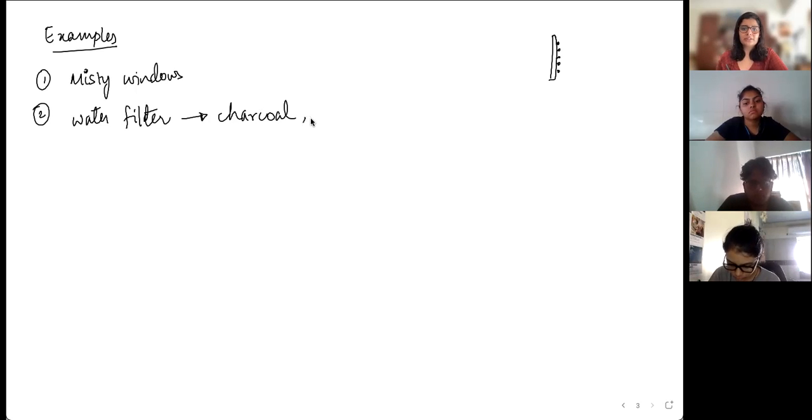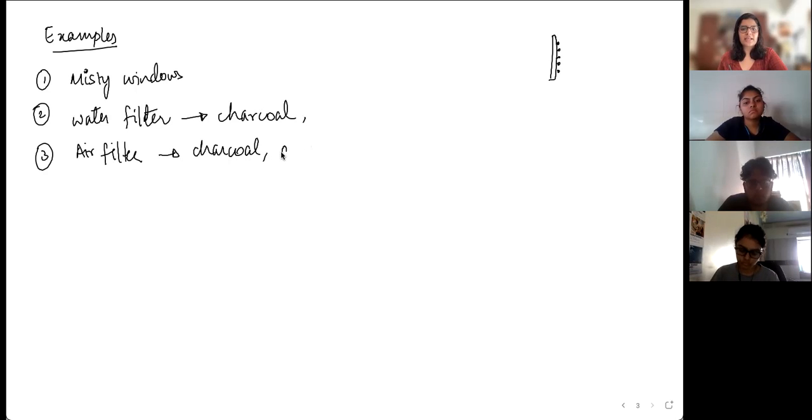So charcoal is one, not just for water filters but air filters also. Purification of air, basically. For this you also use charcoal, you use alum. How do you keep your fridge smell free? That I have no idea about.